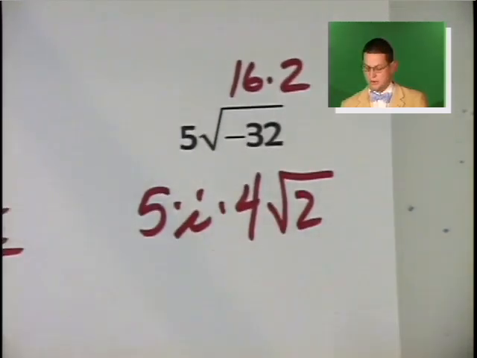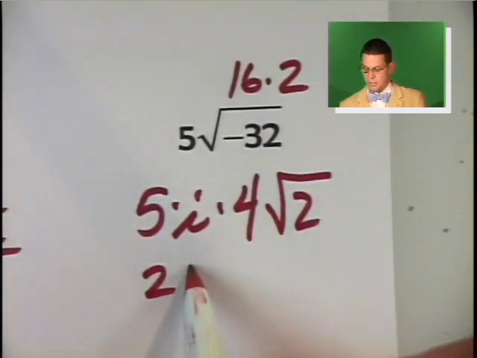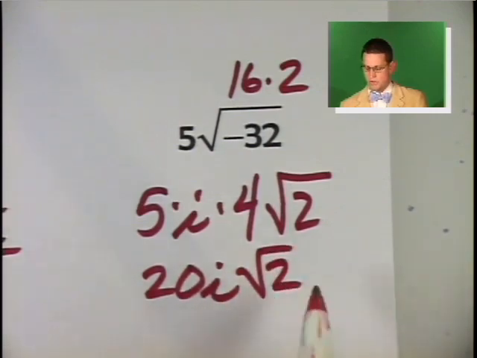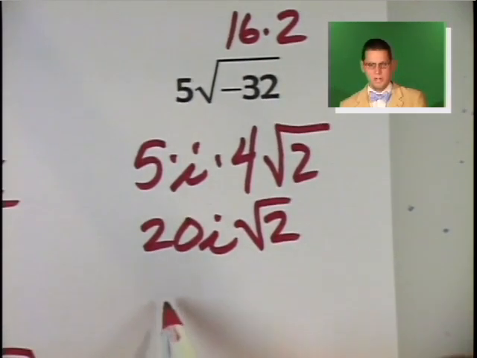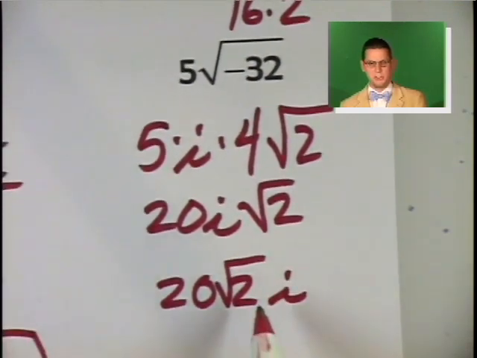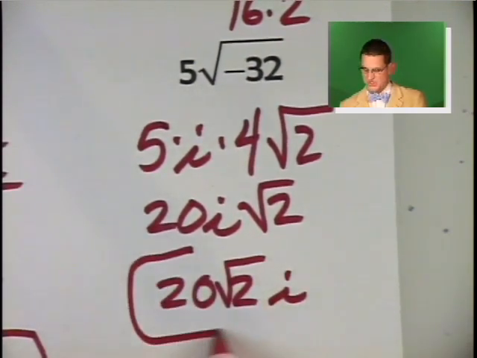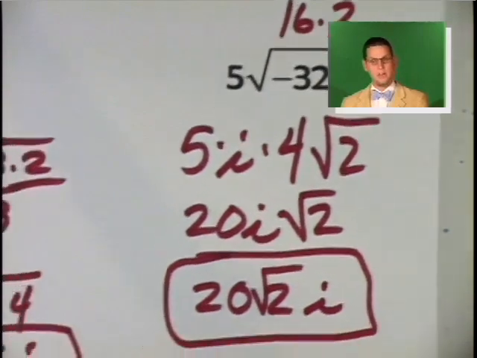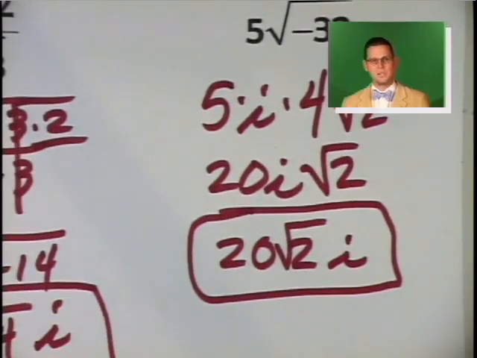Now we can combine this, and I get 5 times 4, that's 20i times the square root of 2. And that's okay, but if you want to write your i at the end, that's 20 square root of 2 times i. Just make sure that you have your i distinctly outside the radical. And there you go, working with radicals. A little practice and it'll come naturally to you eventually.